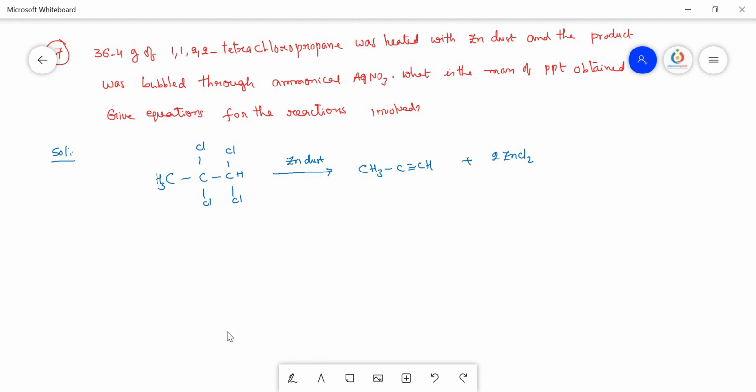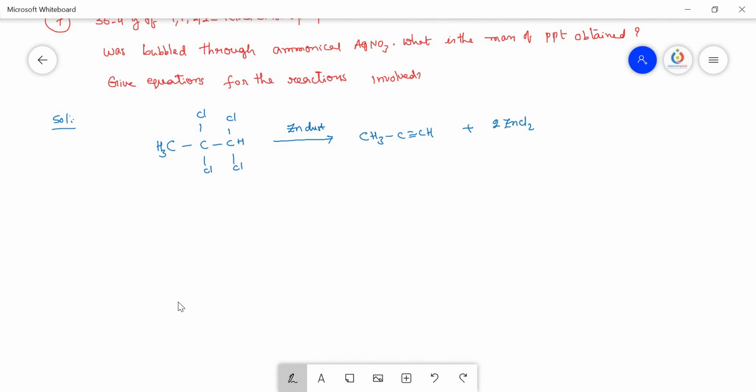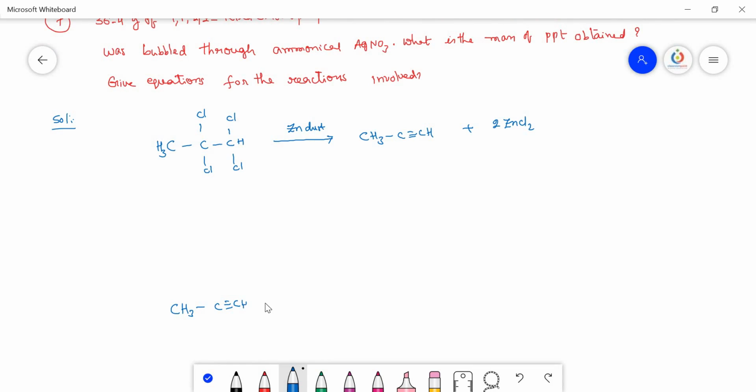So we will write down the second reaction, that is CH3 C triple bond CH bubbled through ammoniacal silver nitrate in the presence of ammonium hydroxide. And they are asking, one precipitate is formed, what is the mass of the PPT obtained?